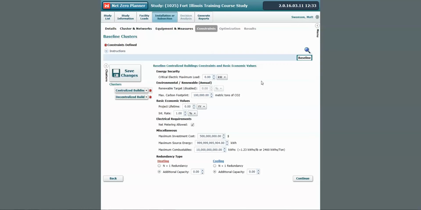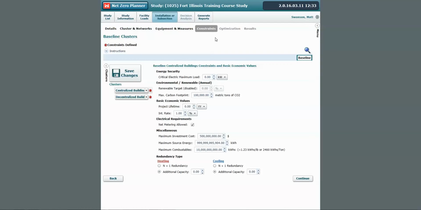There could be a wind turbine. We'd allow it to look at all these different technologies, and then we'd constrain the solution. We're always going to be looking for the lowest cost solution on a life cycle basis, but we can look at solutions that include other types of equipment, and that's where this tool is really powerful.